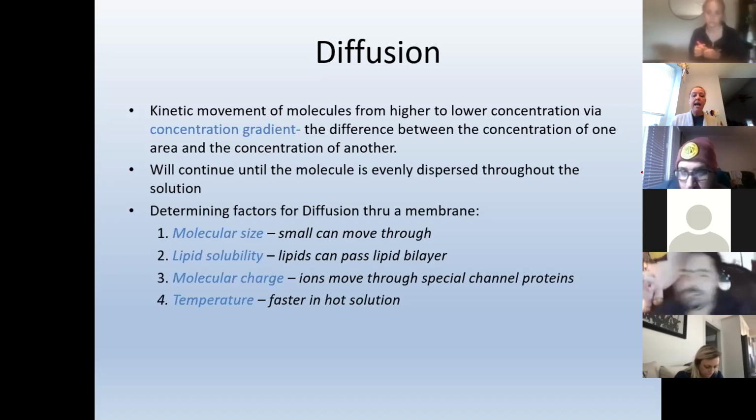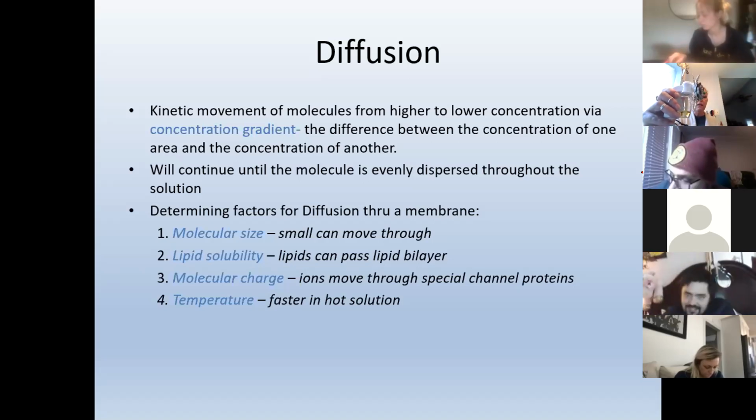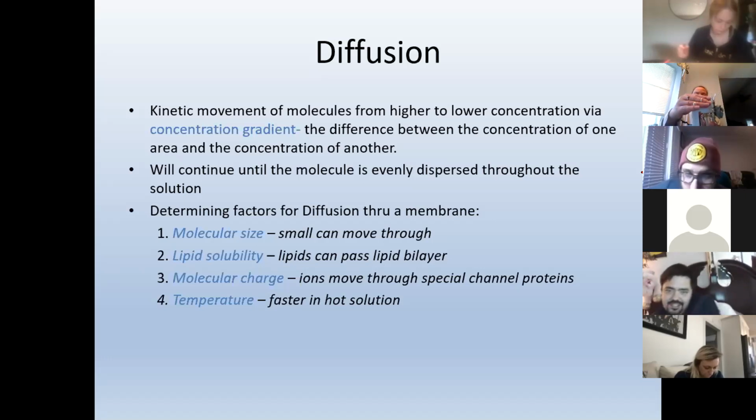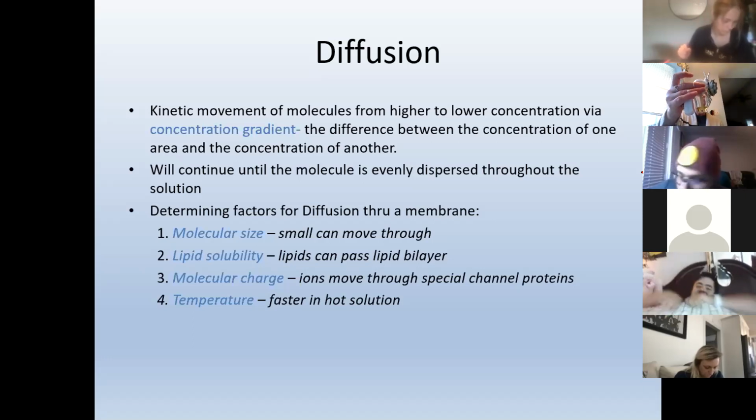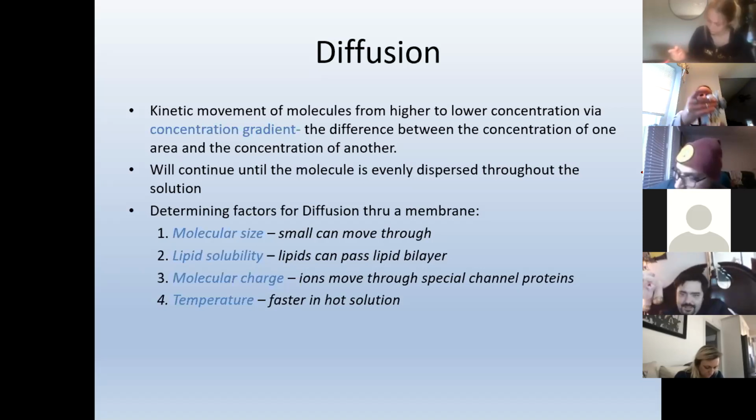There's a reason why you plug this in: it heats it up and causes it to diffuse faster. It also helps to convert the liquid into a gas, but that's another day. What we're talking about is the temperature causing it to diffuse faster. So those are the main factors that affect a molecule's ability to move passively via diffusion.